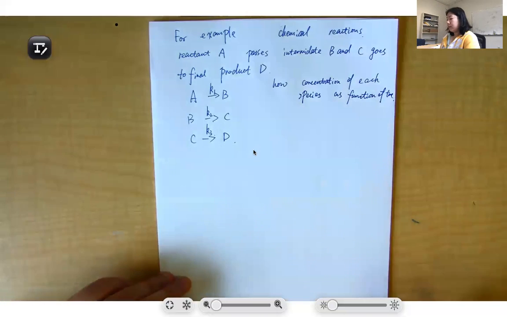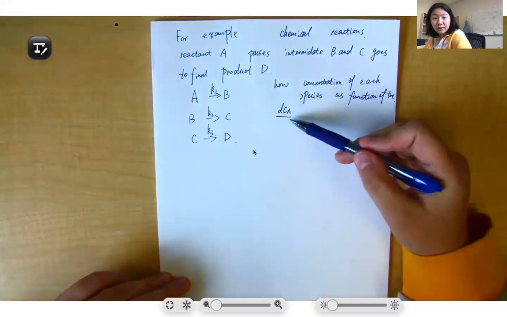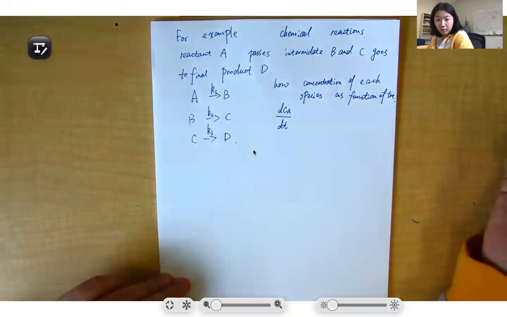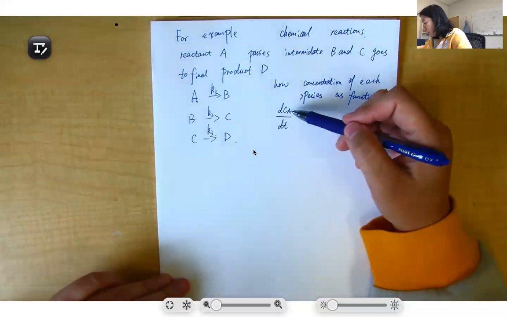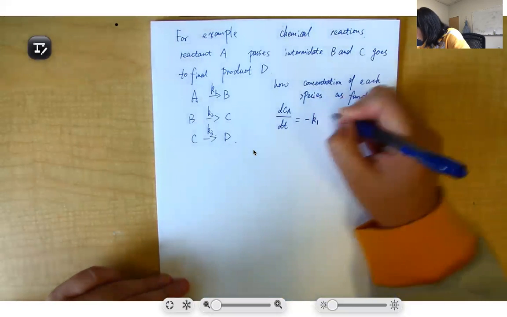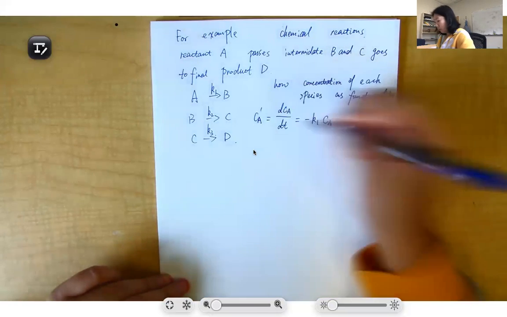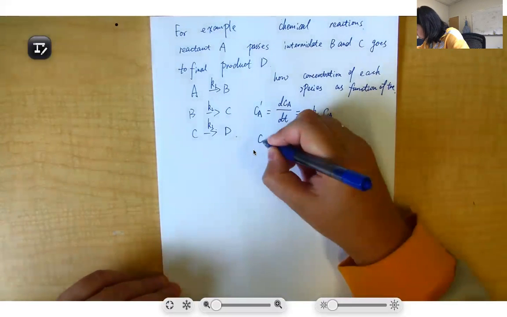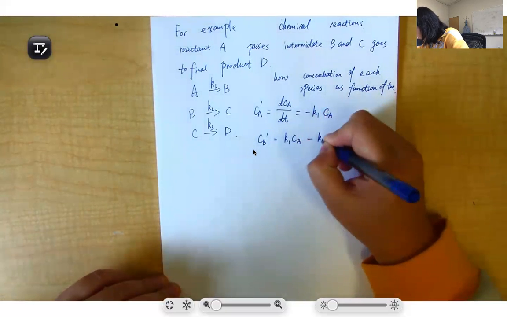Okay, so we can have dCA over dt. The C represents the concentration of the reactant A. So as a function of t, differentiate. That is the concentration of A change as a function of time, which will be equal to minus k1 CA. Or you can also write CA prime equals this, right? You can also write CB prime will be equal to k1 CA minus k2 CB.